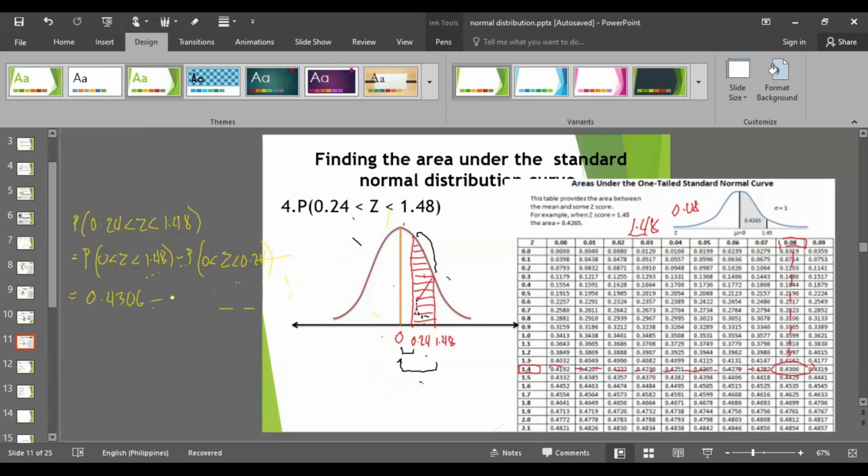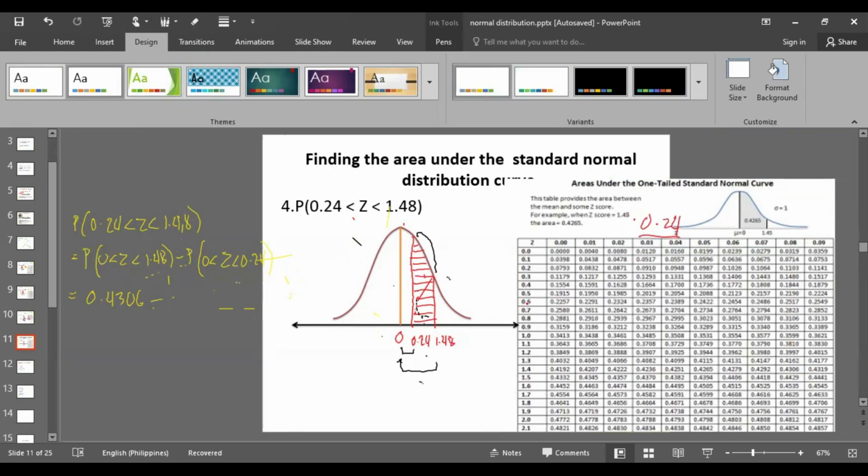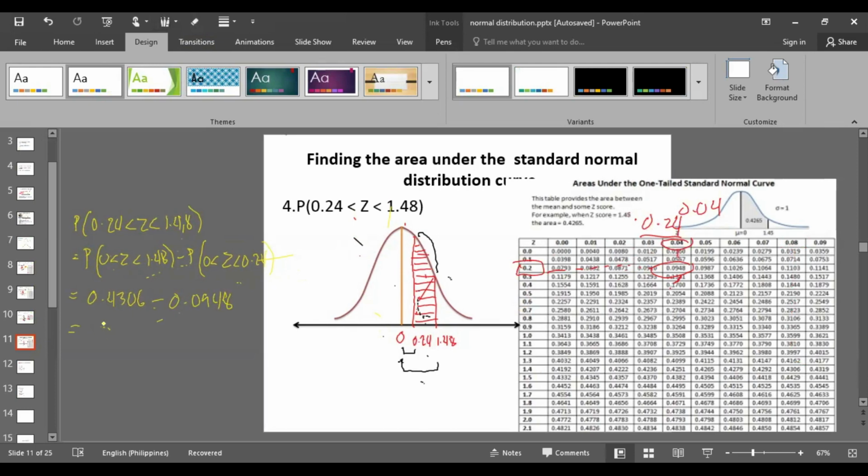So we write here 0.4306 minus, locate 0.24. 0.2 is right here. And 0.04 is right here. Get the intersection, it's 0.0948. So we put here 0.0948 and get the difference.